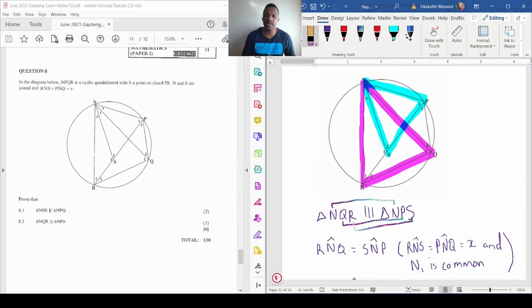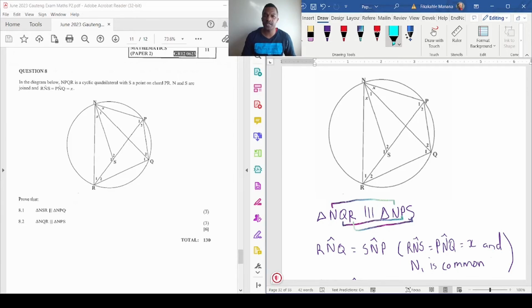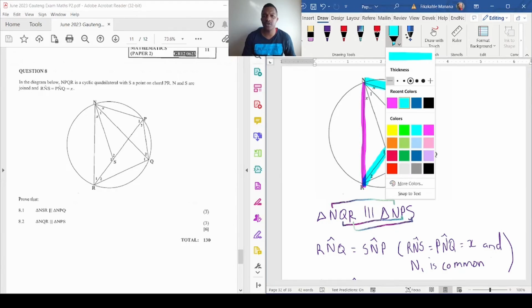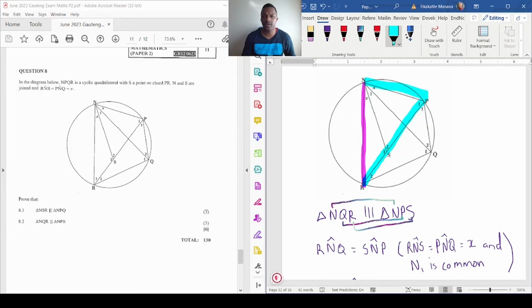Let me rub these highlights. Let's just pick one of them. We said P1. It is subtended from NQ, let me highlight it, like that. What else is subtended from NQ, you ask? Well, it is actually that angle Q1 right there.